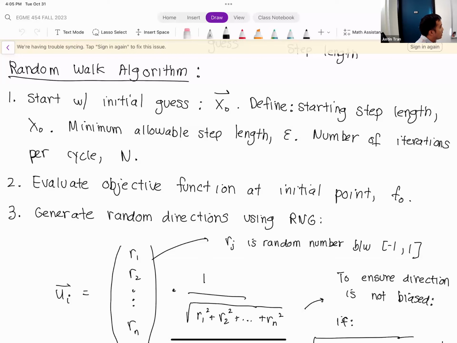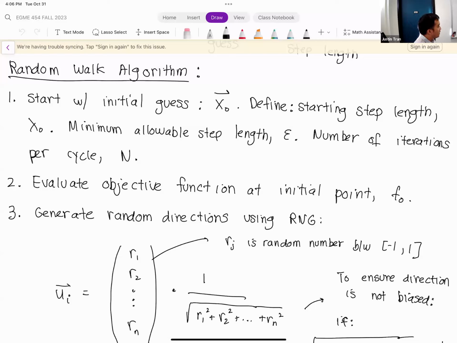Then we'll go over the example code and see how each step in the algorithm is implemented in the code. So definitely write this down. And then, as we're going through the example code, you should be able to see how each of these steps is implemented.